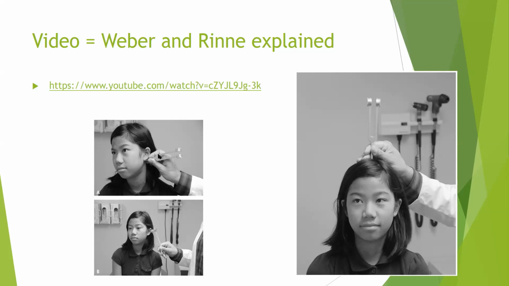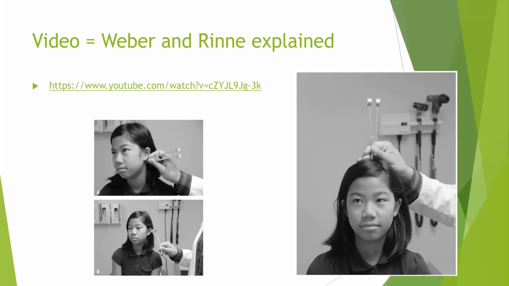To ensure that that's a conductive hearing loss and not a sensorineural hearing loss, we use the Weber to differentiate. So a normal Weber test is going to go to both ears. If you have an abnormality, it will either go to one ear or the other. That's an abnormal test. We have to pair that with the Rene to find out if it's sensorineural or conductive hearing loss.